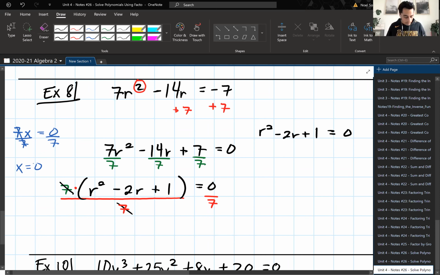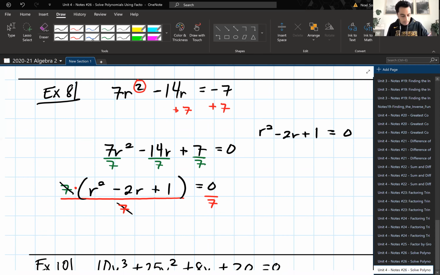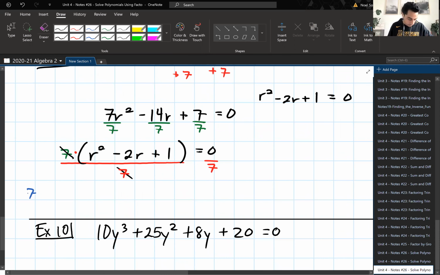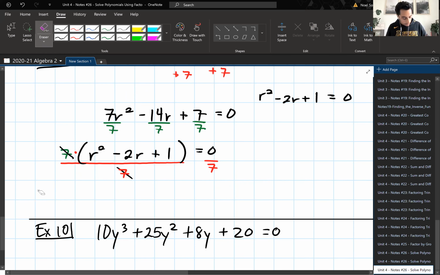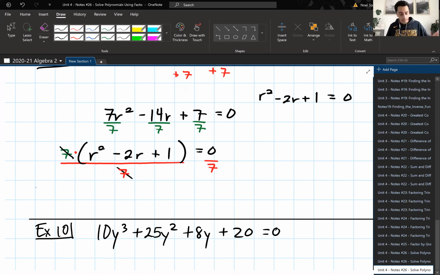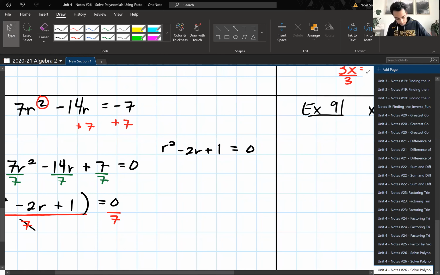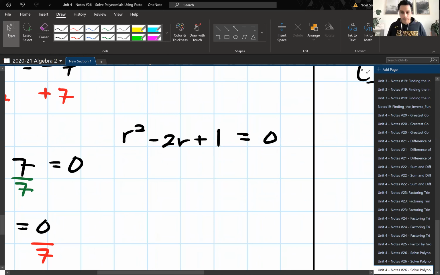We're trying to get rid of the 7 because I know the common confusion that tends to happen on a problem like this is that students will say, here's a solution, 7 equals 0. That's not a solution. That's a false statement, because 7 does not equal 0. So I'm trying to avoid us getting to that point and having to wonder what to do with this 7. We just divide it from both sides of the equation, and now it's gone. So now we can just focus on this part.